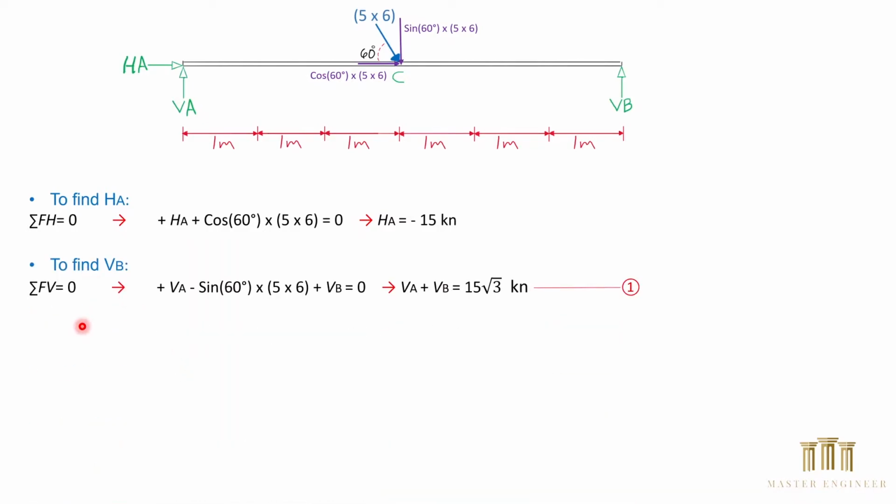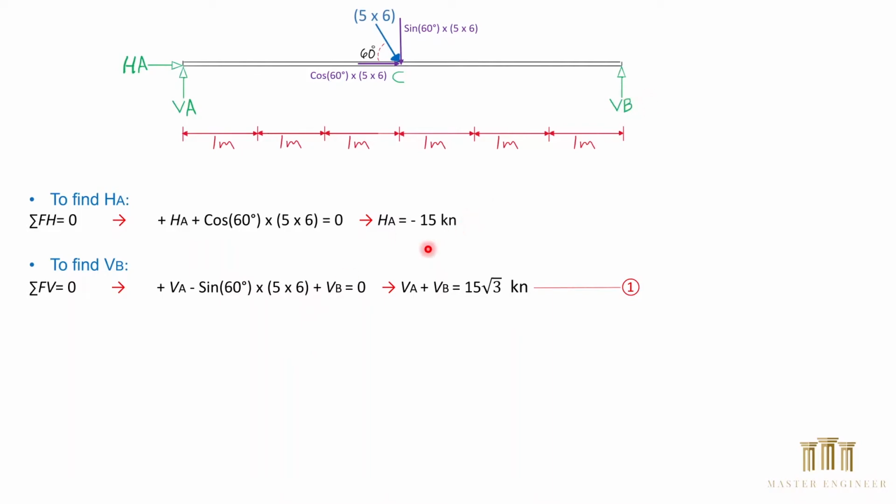To find VB, the sum of all vertical forces should be 0. We have positive VA acting upward. And then we have negative sine 60 multiplied by the 5 kN per meter of the UDL multiplied by the total length of the beam, which is 6 meters.